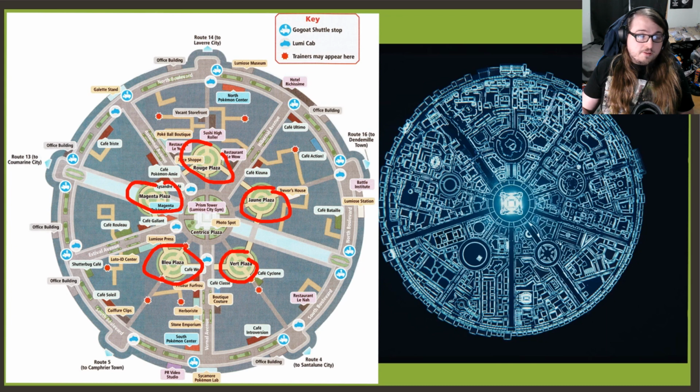The fact that the tower in Lumiose City is called Prism Tower holds probably some sort of significance. Why would you just call something the Prism Tower just to get a good giggle out of it? There's got to be some reason. It could just be symbolism, right?